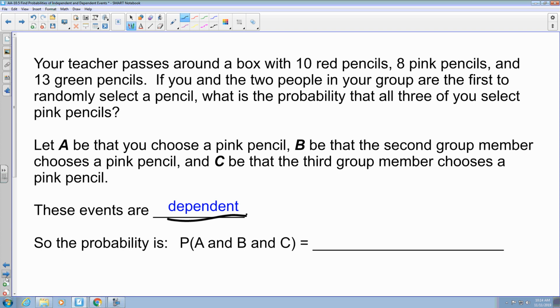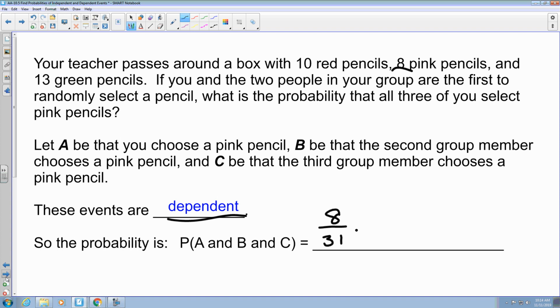So the first one's the probability of you selecting a pink pencil. Well, there's 8 of them to start with, and then there's 10 plus 8 plus 13, which is 31. So the first person has an 8 in 31 chance of selecting it.